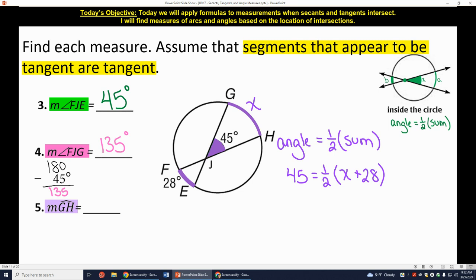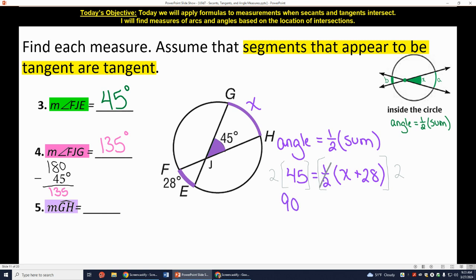To solve this, the first thing I want to do is move that 1/2 so that I don't see the fraction anymore. The opposite of multiplying by 1/2, or dividing by 2, is multiplying by 2, because 1/2 of 2 is 1. If I multiply the right side by 2, I also have to multiply the left side by 2. 2 times 45 will give me 90.